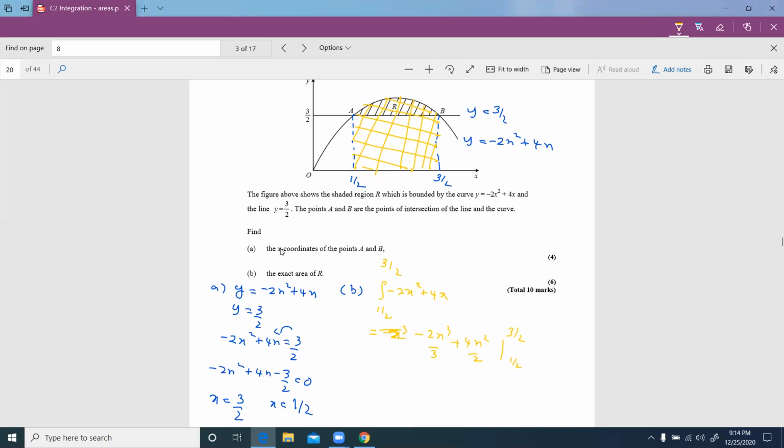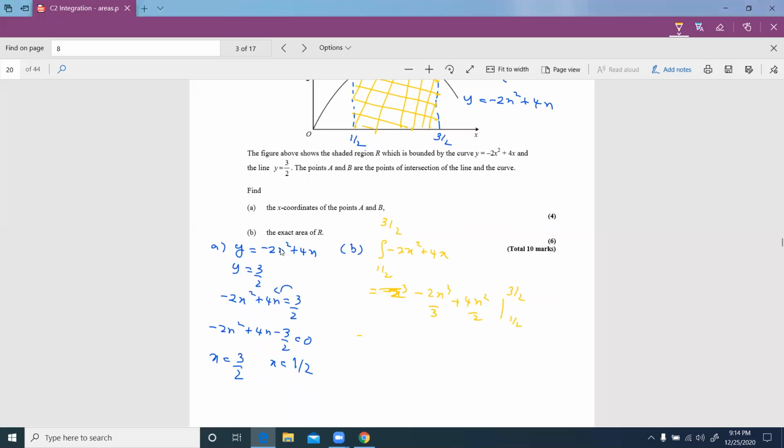That gives minus 2 over 3 times 3 over 2 to the power 3, plus 2 times 3 over 2 to the power 2, minus the substitution of a half: minus 2 over 3 times 1 over 2 to the power 3, plus 2 times 1 over 2 to the power 2.